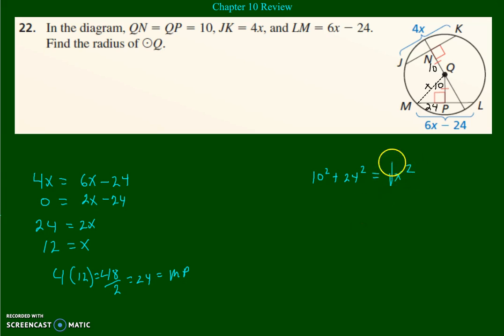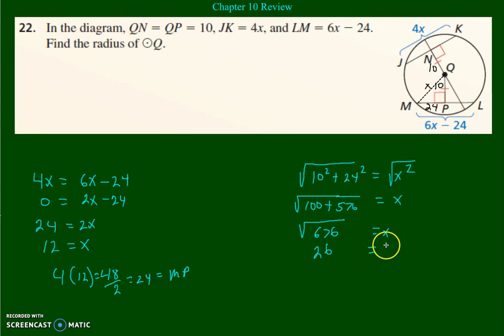If we square root both sides, on the right we have x, and here we have the square root of 100 plus 24 squared, which is 576, and that gives us the square root of 676, and you put that in your calculator and you come out with 26.